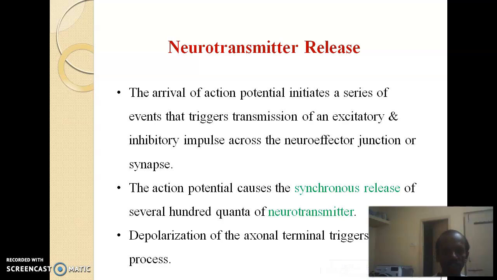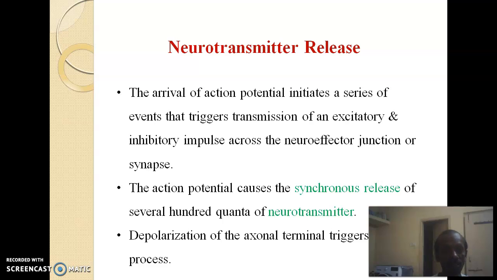The second step is the release of neurotransmitters. Once the action potential arrives at the nerve terminals, it triggers some changes in the membrane of the nerve terminals. Those are influx of calcium ions.